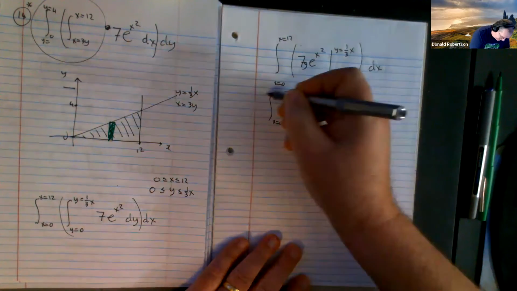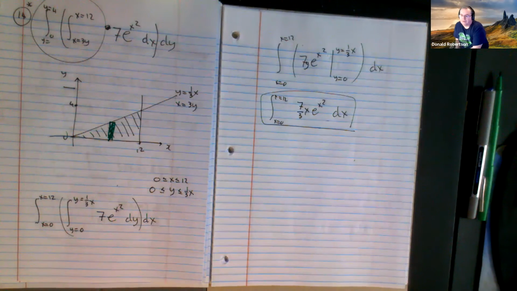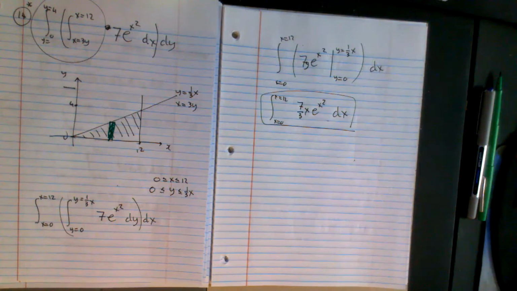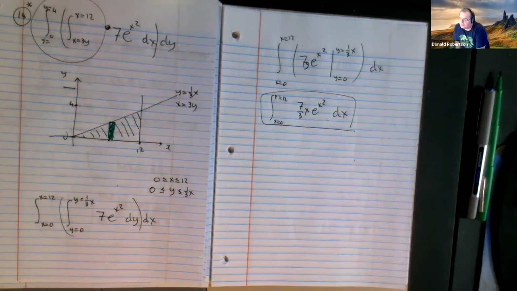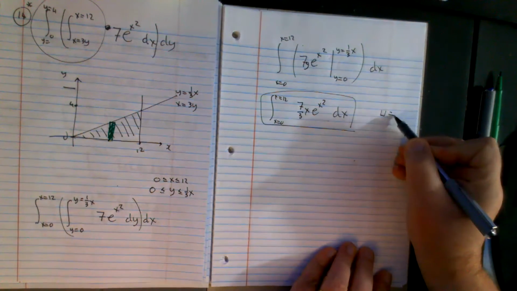Would you agree that you can do that integral? What method would you use to integrate 7/3 x e to the power of x squared? Our good old friend integration by parts. Not this time. It's a U sub, isn't it? It's a U sub. And if it is a U sub, okay, that's a lot nicer.